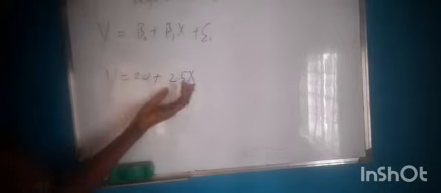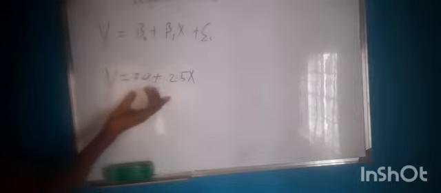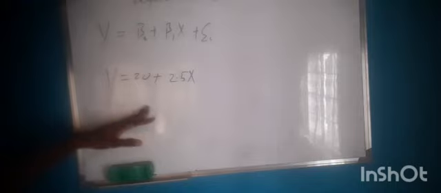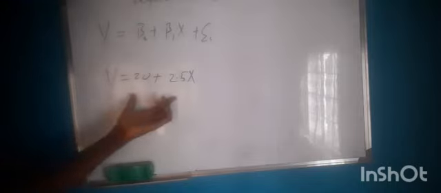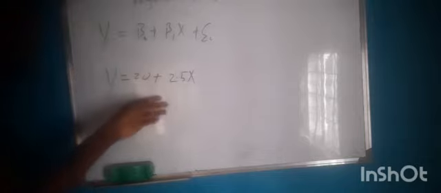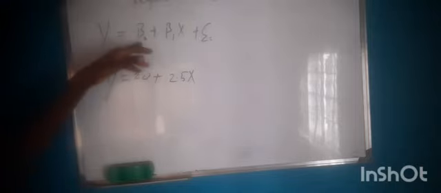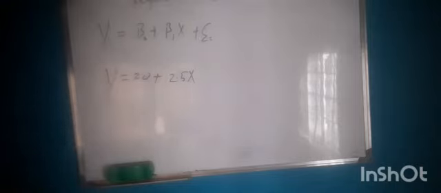Okay, assuming we have data on study hour and student performance, and we fit the linear regression model of y on x, and we obtain the equation of this form. Now here is what this beta naught means.